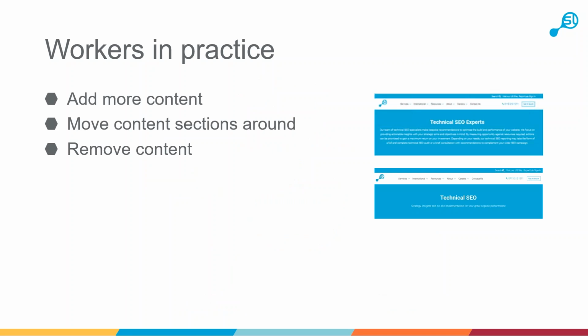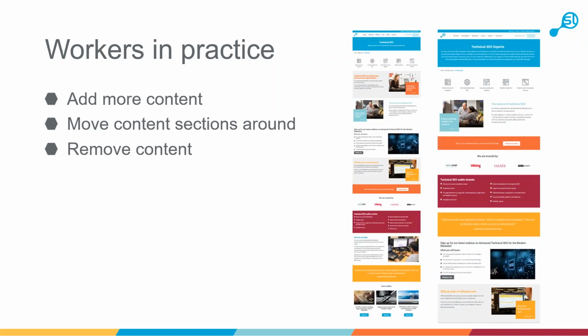So, just a bit of an example. On our own site, we've done some small tests to give you an idea of how this works. As you can see, we can add more content. We can move sections around. In here, one of the sections of the site, we moved to the bottom of the page. We can also remove content and create essentially a new template.